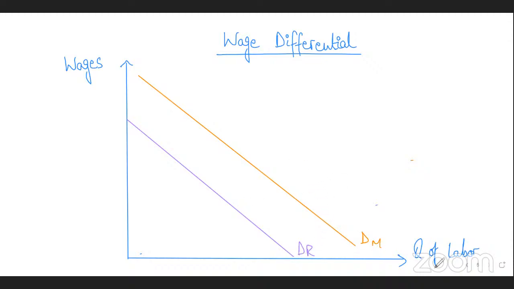Now, simply knowing the fact that the marginal revenue product of labor is any occupation's demand curve, we just have to ask ourselves, which of the two occupations generates more revenue for the company? That is the occupation whose demand curve will be higher, right? So what is marginal revenue product of labor? It is the change in revenue due to a change in quantity of labor. As you hire more people in the company, how much will be the increase in revenue?